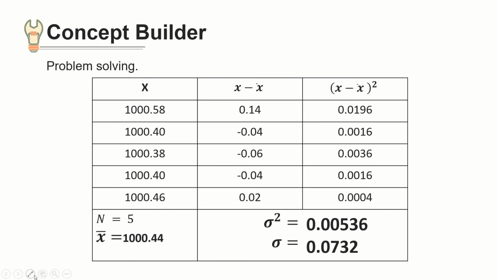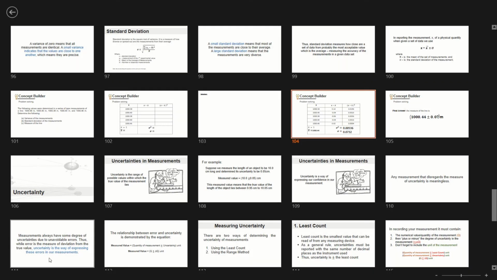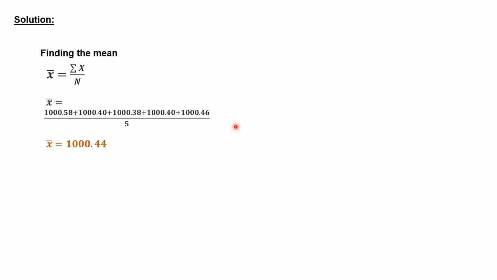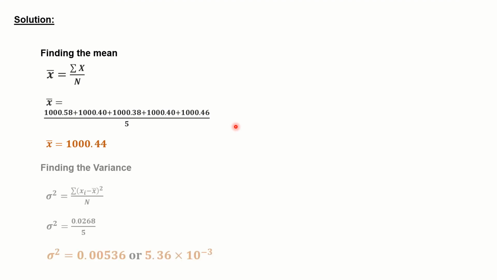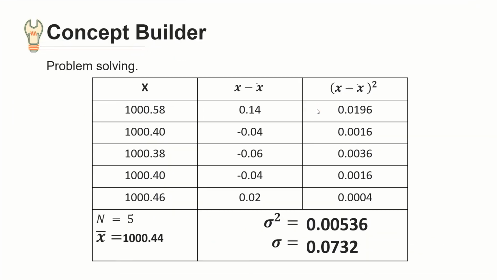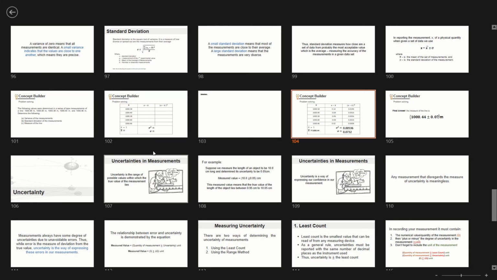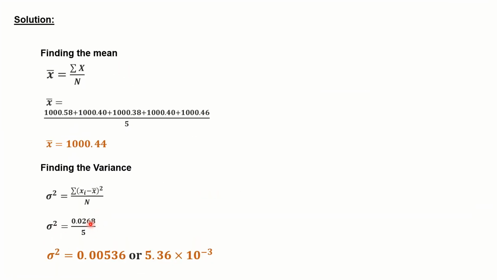So let us now go back to our solution and look at how we solve for the variance. By getting the summation of these values, we will get 0.0268, divided by the number of observations, which is 5.